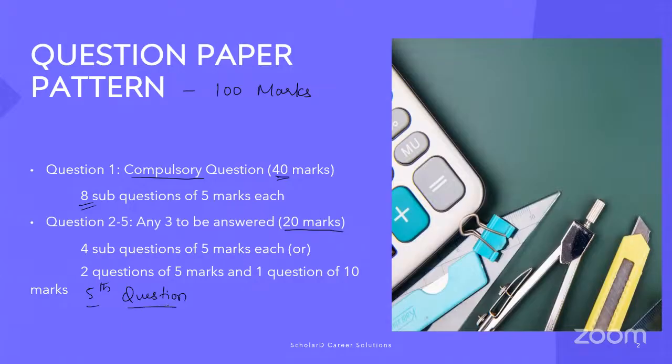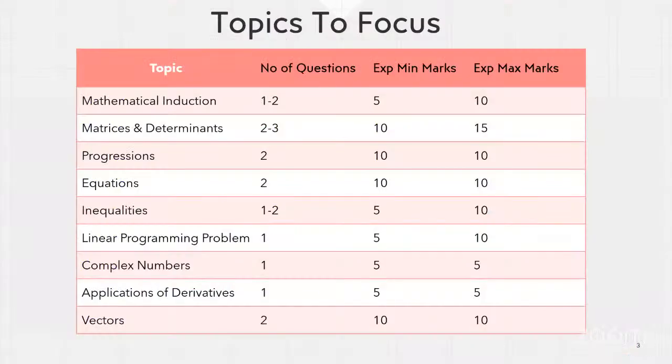They have asked 4 questions of 5 marks each in all these 4 questions from question number 2 to 5. And in the last question, there will be one 10-mark question and 2 questions of 5 marks. This is a pattern that you can see in the exam paper.